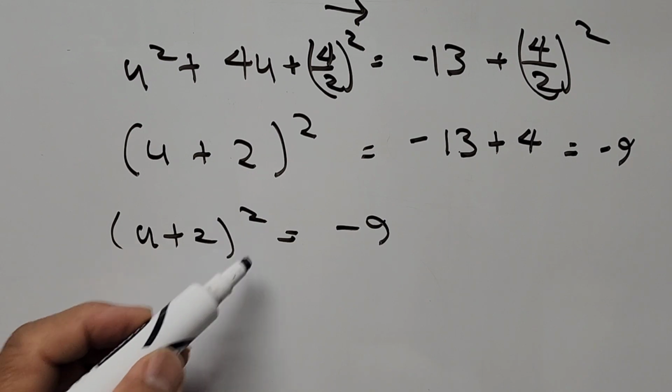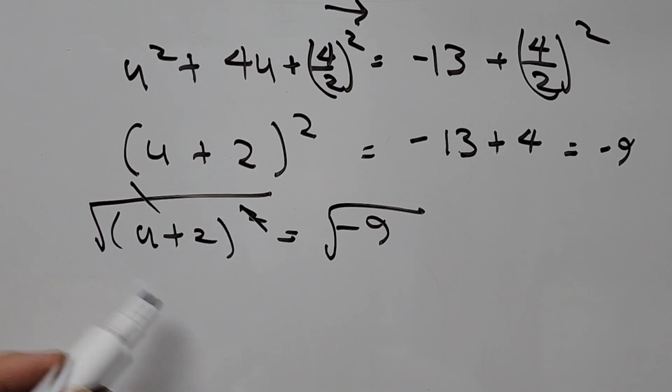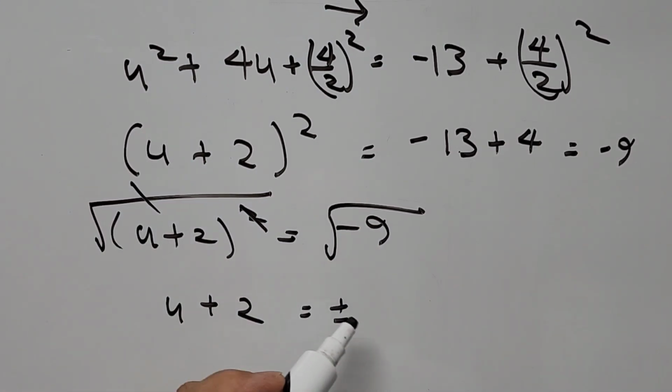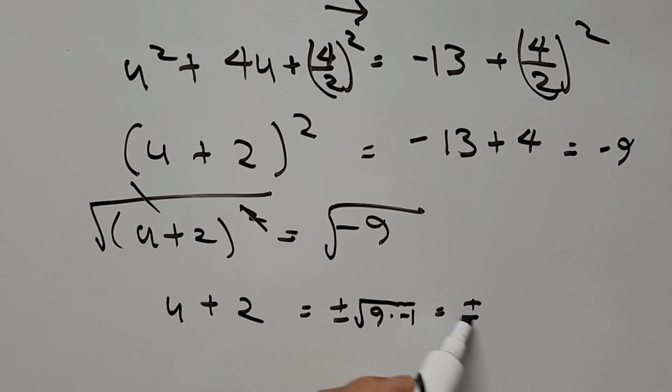To get rid of this square, we take the square root of both sides of the equation. So we have on the left hand side u plus 2 equals plus or minus the square root of negative 9, which can be written as the square root of 9 times negative 1, or plus or minus the square root of 9 and then the square root of negative 1.